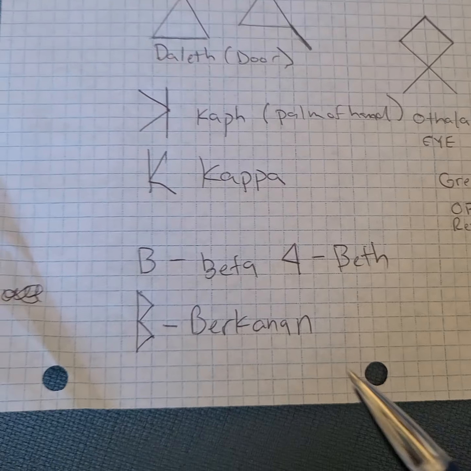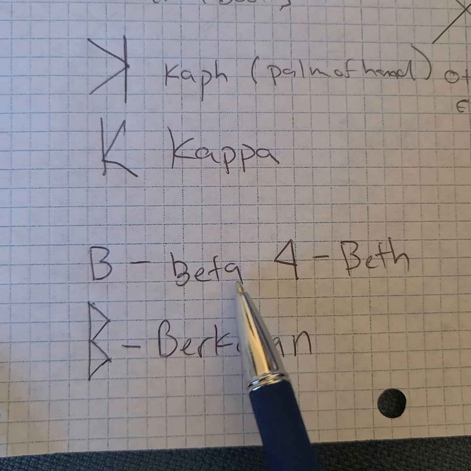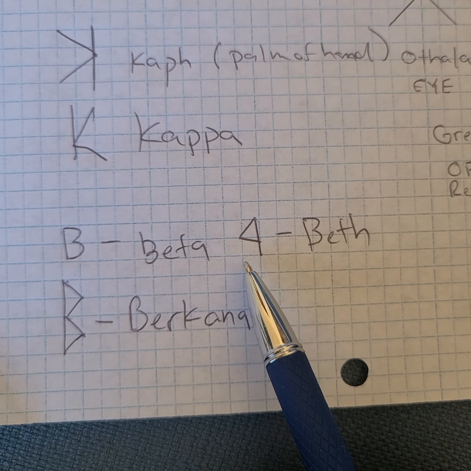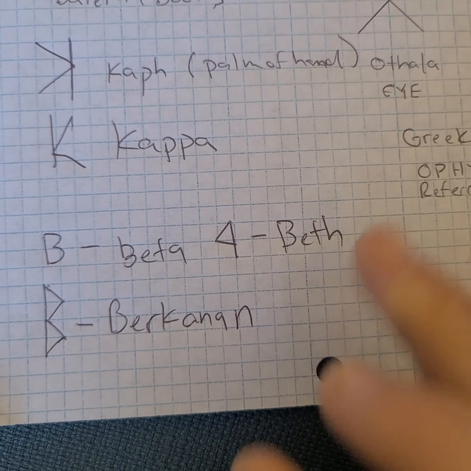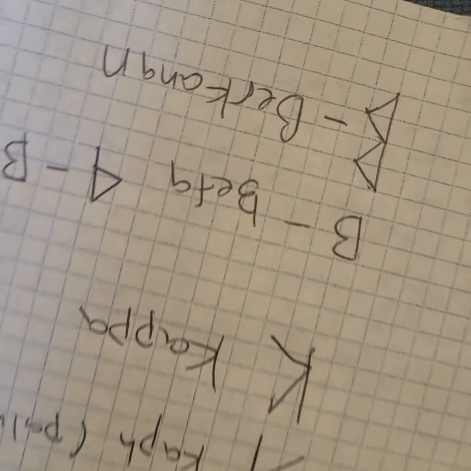Even in the letter B, so you've got beta. Well, the Phoenician letter for beta or B is Beth, which doesn't look all that similar until once again you rotate it.